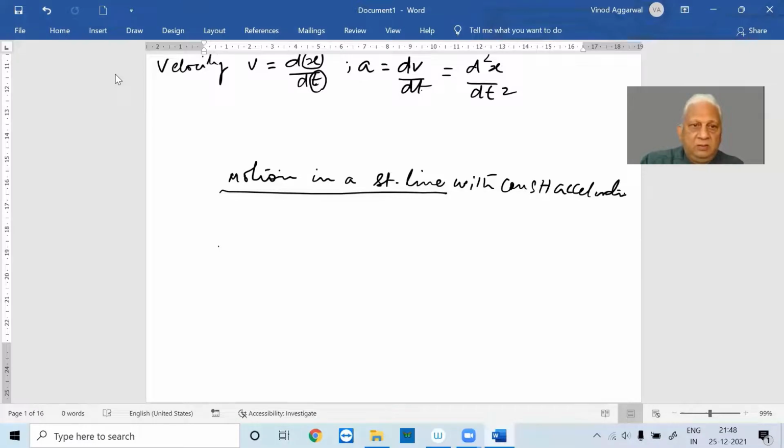If we start moving from position A and take any path, go to position B, assuming that the acceleration is constant, we cannot take this example because we are not traveling in a straight line.